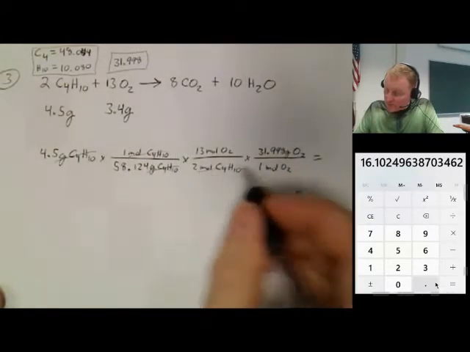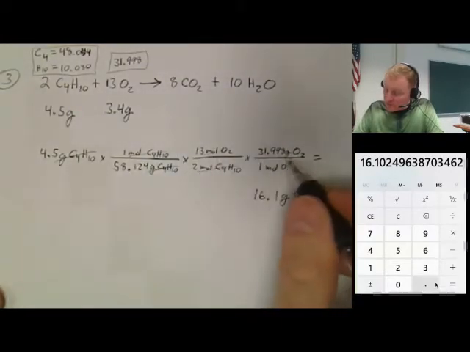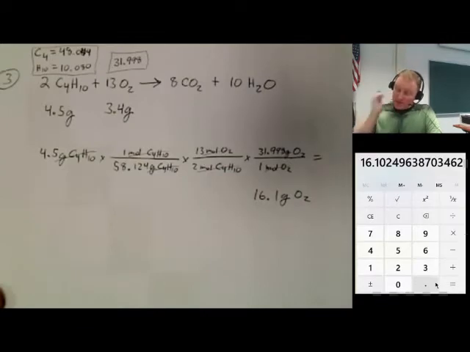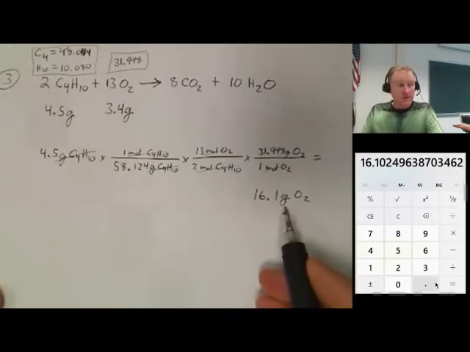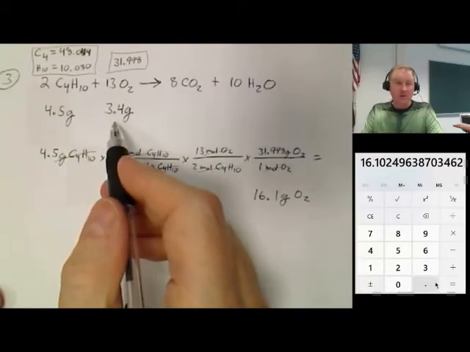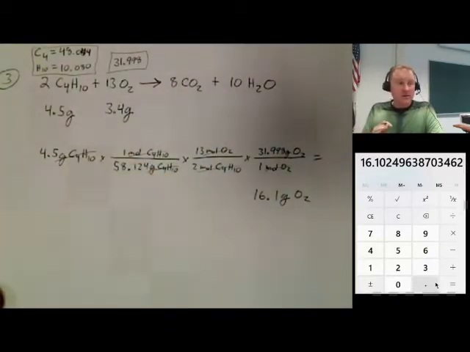Moles cancel with moles, moles cancel with moles, I'm in grams. So what's this saying? To burn up all my butane, I need 16.1 grams of oxygen. I only have 3.4 grams of oxygen. I don't have enough. So I just learned that oxygen is my limiting reactant.